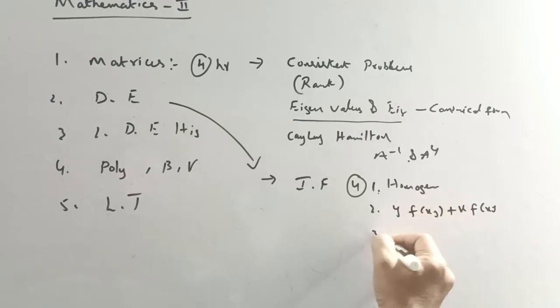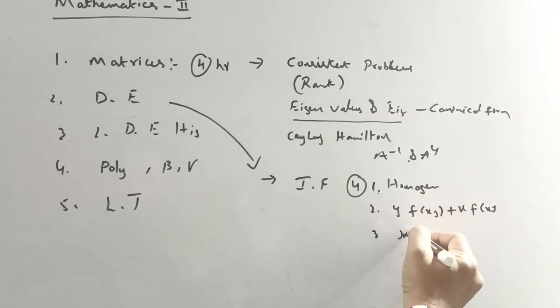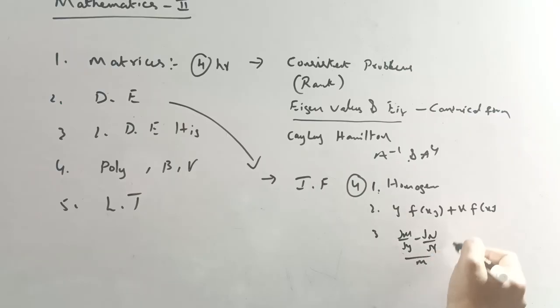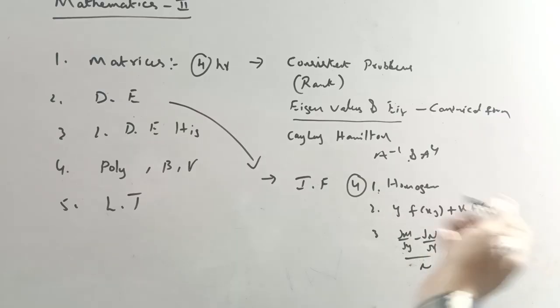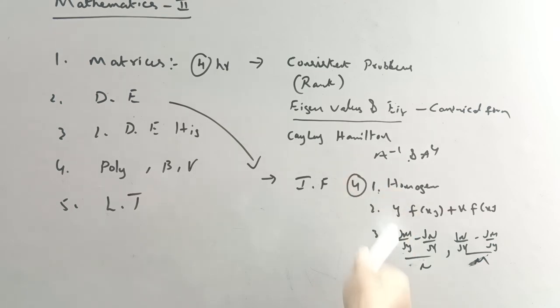Then the third one is dou M by dou y minus dou N by dou x, divided by N, or dou N by dou x minus dou M by dou y, divided by M. So these two formulas are there. From these 4 integrating factors, he is giving one problem guaranteed.